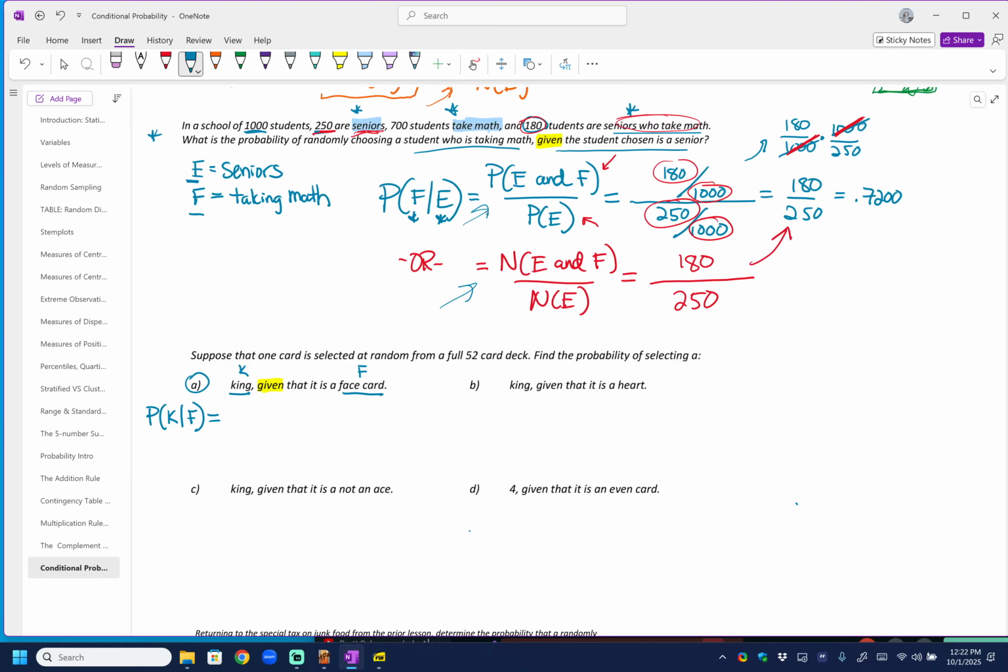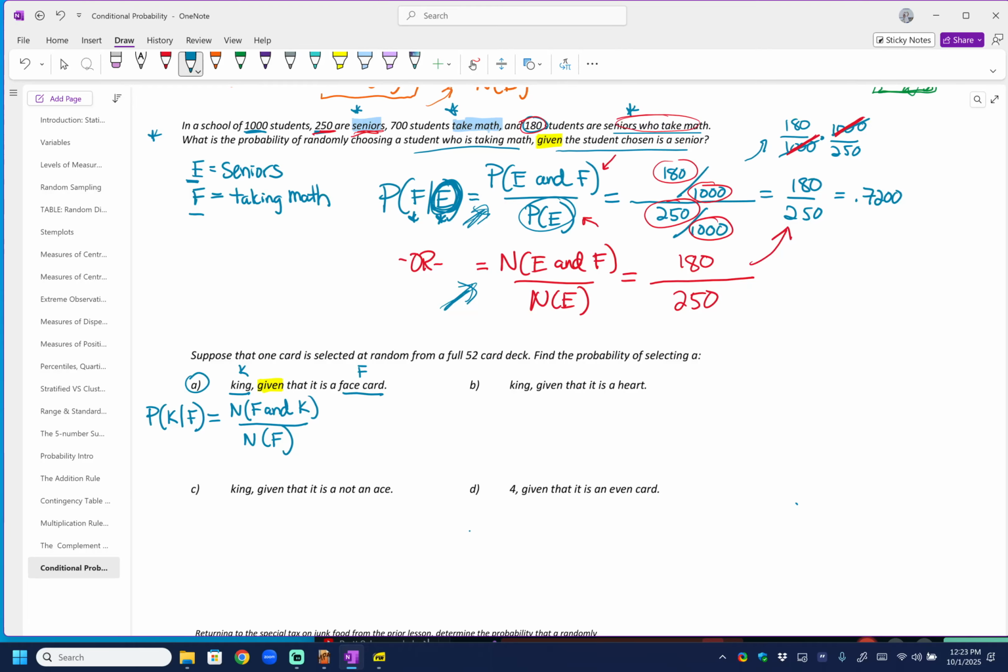Skipping our probability steps, because we know it's going to end up with just this formula, we'll say this is the same as the number of outcomes in the event F and K over the number of outcomes in F. One small thing I didn't mention before: if you're going through the formula quickly and not looking back at the formula sheet, whatever the event is that's after the given symbol is always going to be the denominator one.